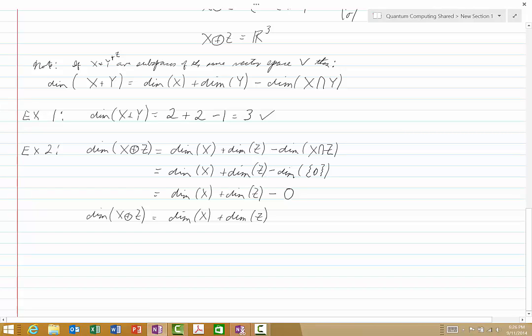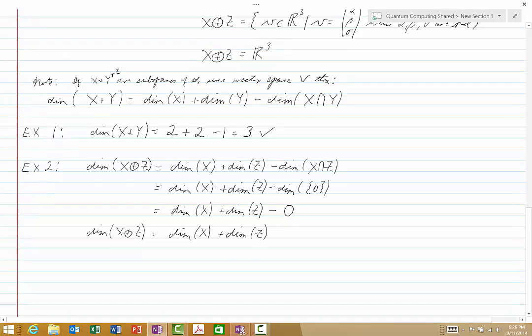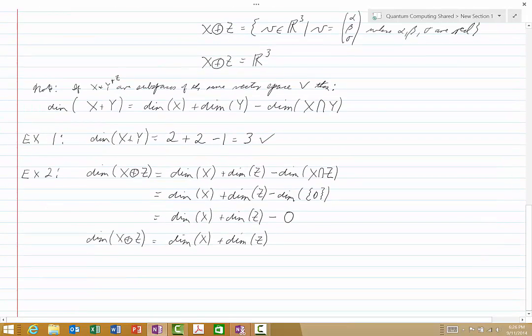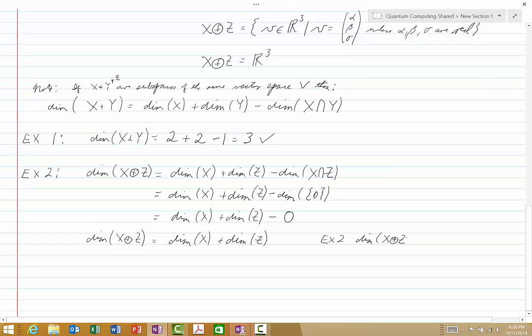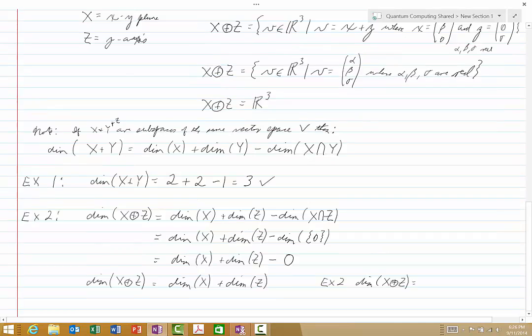But again, we can only use that direct sum notation when x and z have an intersection that consists only of the 0 vector. And if you look at example 2, that works. In example 2, the dimension of x direct sum with z is equal to the dimension of x plus the dimension of z.